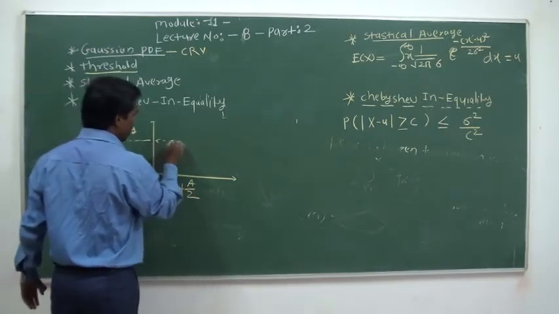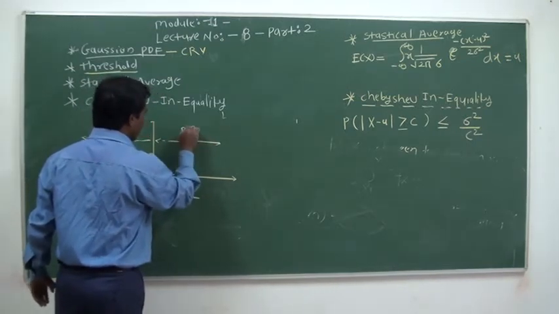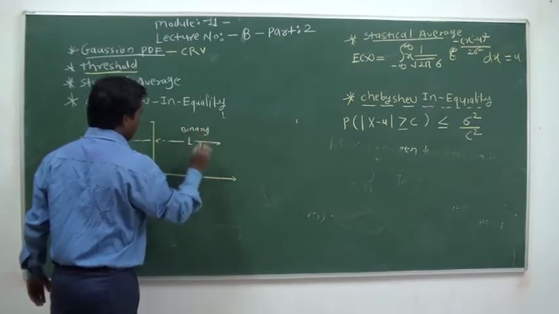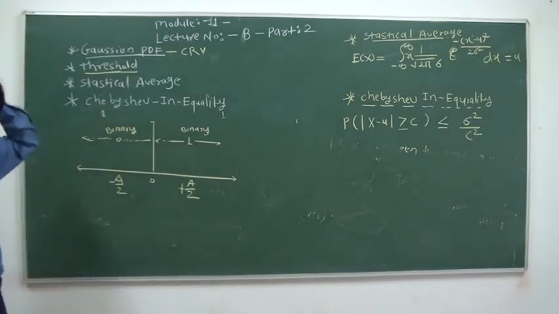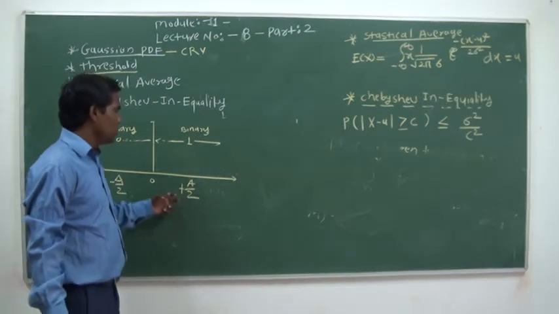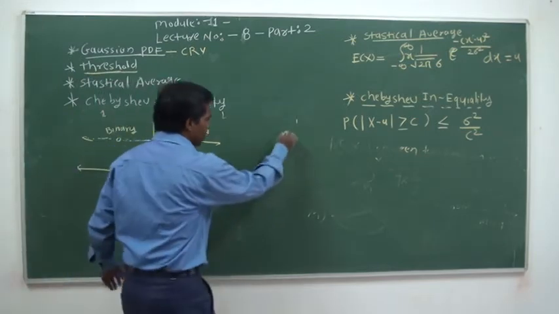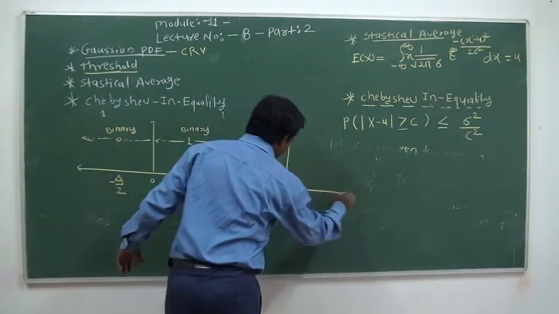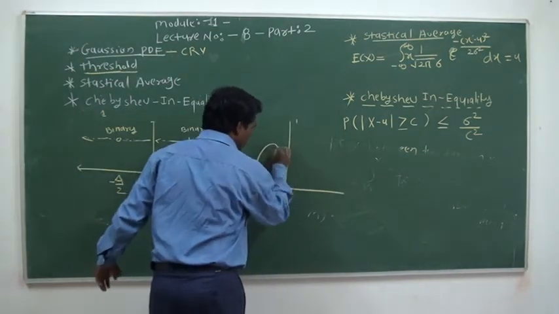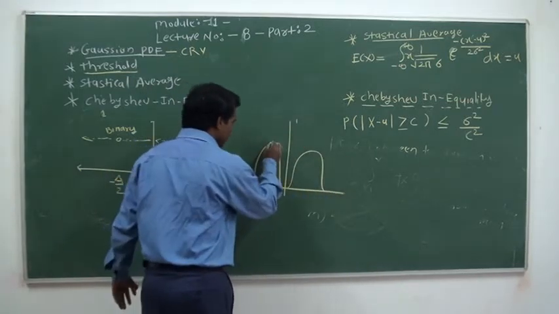Binary 0 and binary 1. So whenever the output voltage of a detector is plus A by 2 and some noise, you have to make this figure clear.